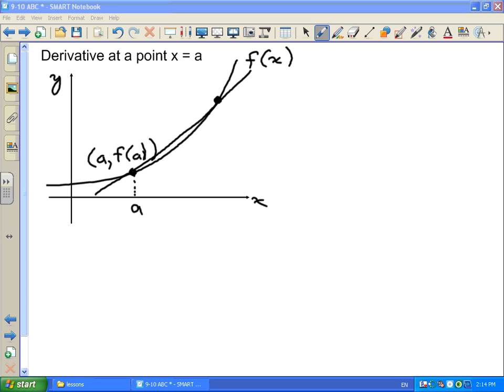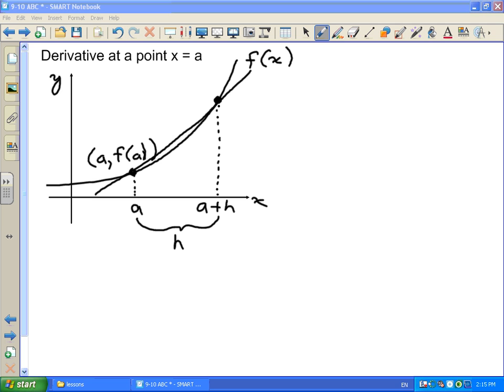So let's say the second point here is some distance away from A. And let's call this distance h. Okay, so that's the separation in x, or the difference in x between these two points that I've drawn here. So if this one here is A, and I'm going h further along, this one is going to be A plus h.